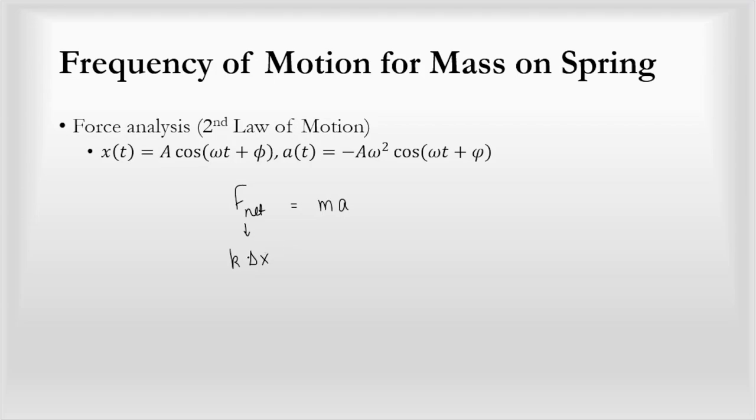Some people just put an x here, which is fine, as long as we're starting at equilibrium position. We're going to start at an equilibrium position, y equals 0, so we pull it out some distance x. And this will be a function of time. We know that from previous. We're going to have mass times acceleration. Acceleration is also a function of time.